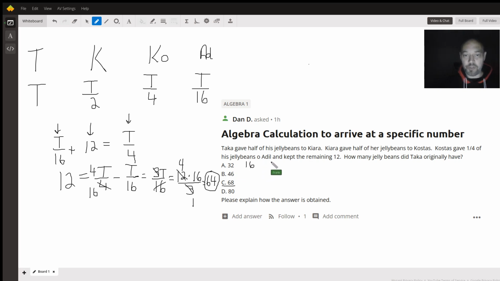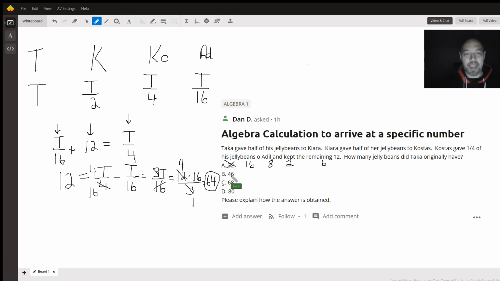Gave half to Kostas, which would be 8. Gave a quarter to Adil. A quarter of 8 is 2. Well, Kostas wouldn't then have 12 left over because 8 minus 2 is only 6. So this one doesn't work. It's not enough jelly beans.